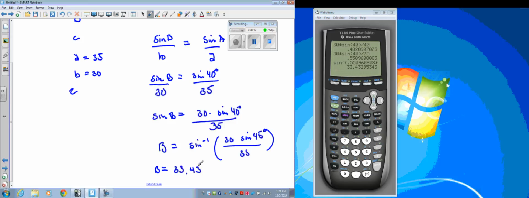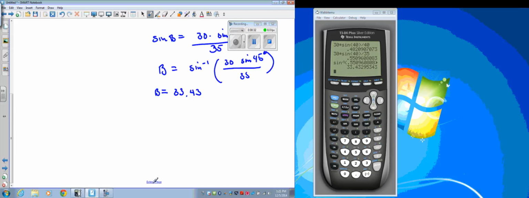Now, the complementary angle to this one, that would be a possibility. This would be B2, which is 180 degrees minus 33.43 degrees, right?